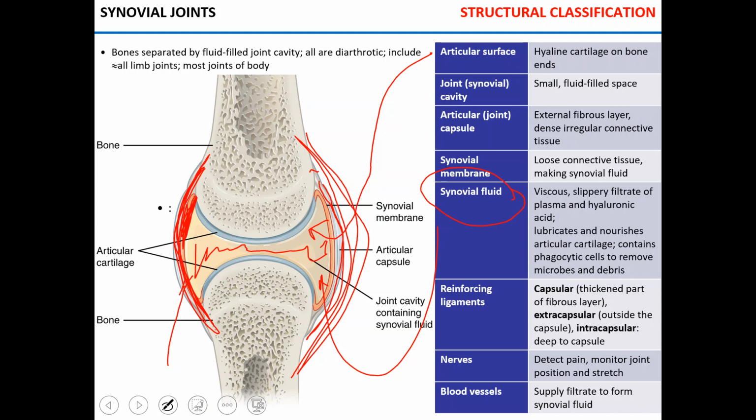And they can be intracapsular. If we have a ligament somewhere here, that would be an intracapsular ligament. It's inside the capsule. There are nerves in each joint, obviously, to detect pain and monitor the joint position and the joint stretch. And there are blood vessels that supply the synovial membrane to produce, filtrate, and form synovial fluid.